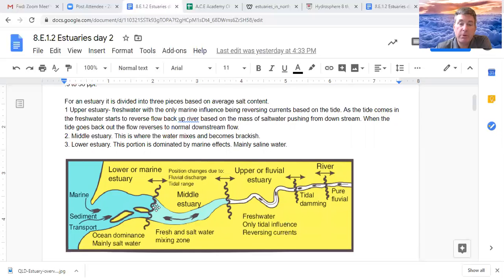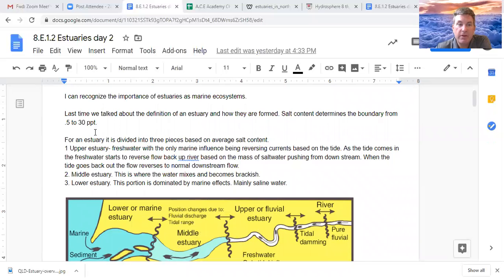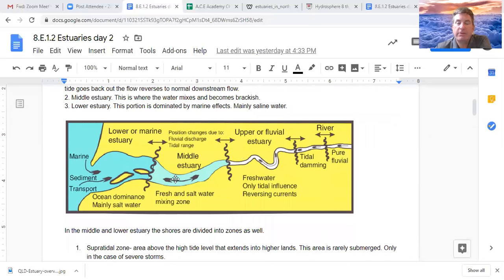The middle estuary is the actual estuary, where the salt level is that 0.5 to 30 parts per thousand. Fresh and saltwater mixing zones. That's what we call the actual estuary based on the brackish water definition. And this is the lower or marine estuary. Remember, marine is the word for oceanic and saltwater.